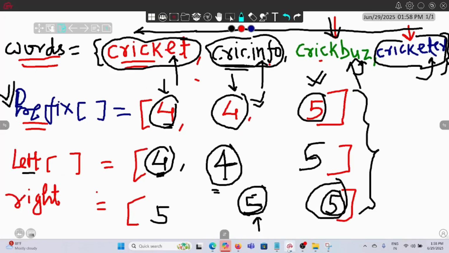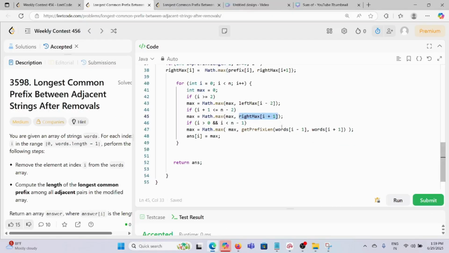Similarly, suppose we are at this location. We will compare this one and this one for max, and whatever is the max from the left side till here we will compare that. So we are updating this max.